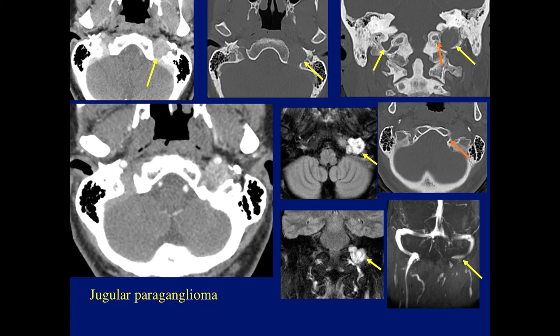This is the key here, as Nate said and Gino said. The extension: look at the normal position of the carotid artery and look how the tumor is pushing the carotid artery anteriorly. So this tumor has come out of the jugular fossa.